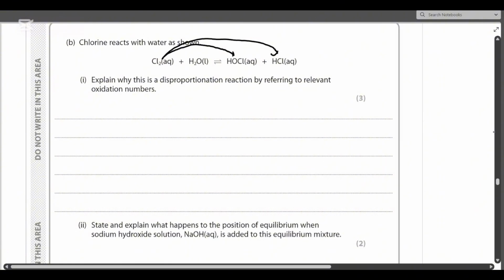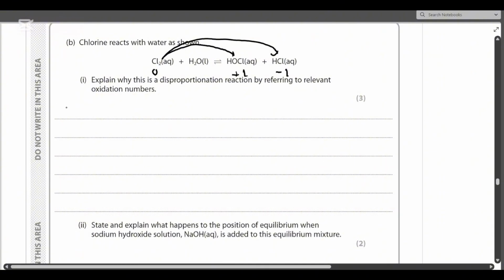So first of all, the chlorine is being oxidized, forming HOCl, and again it's reduced. Now what's the oxidation change? You can see here it is 0, here it is +1, and on the other hand it is of course 0 in the first place, and in HCl it's about -1. So we can easily say that the oxidation number is increasing. In this case it's being oxidized, and vice versa is happening for HCl.